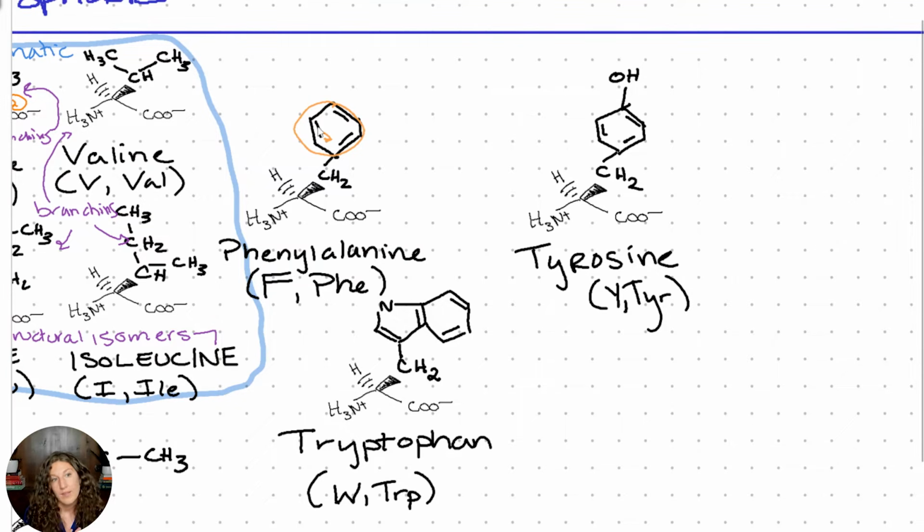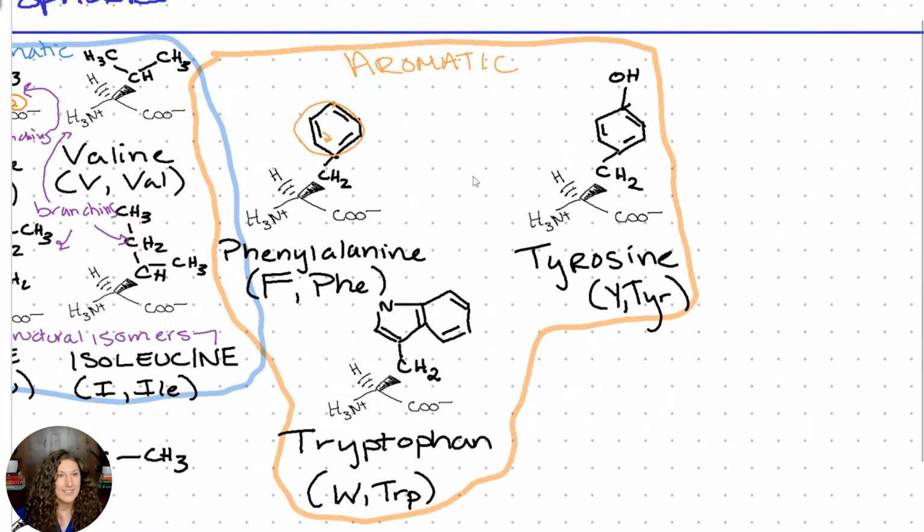I've drawn them as double bonds here and here and here, but in reality, they can shift positions due to a delocalization of electrons. This again is a very organic chemistry concept, and we're just using the naming convention here to describe this category, which are these three amino acids: phenylalanine, tyrosine, and tryptophan.